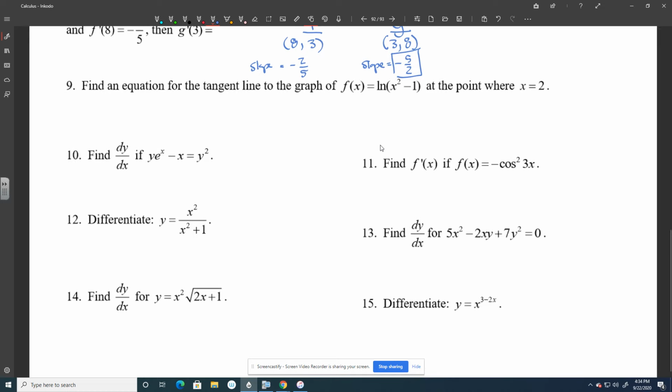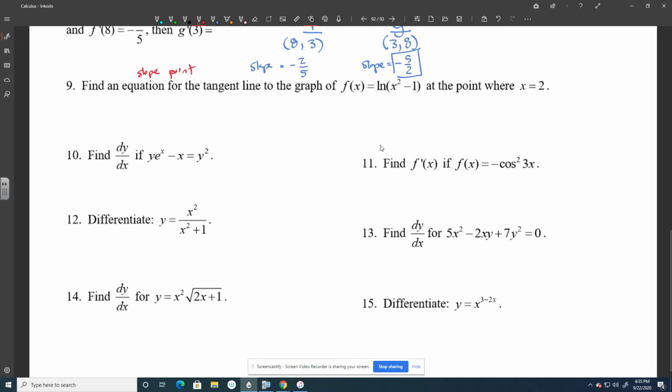Okay, number 9. Find an equation for the tangent line to the graph of f of x equals the natural log of x squared minus 1 at the point where x equals 2. So find an equation for the tangent line, which means I need a slope and I need a point.